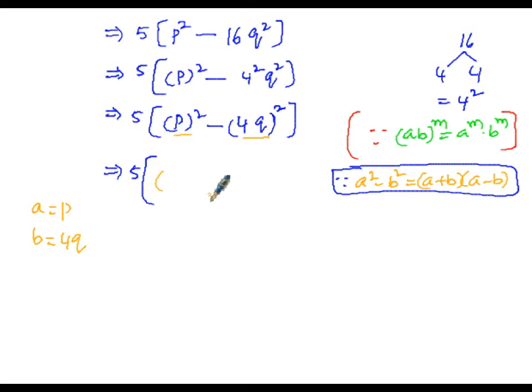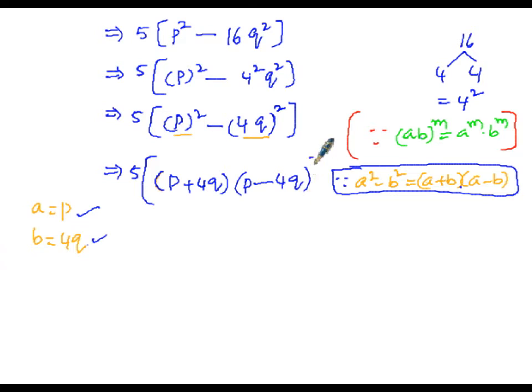So here a value is p plus b value is 4q, bracket close, and the next factor is a minus b. So here a is p again, minus b is 4q.